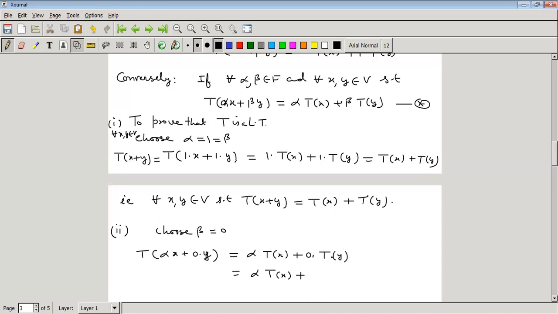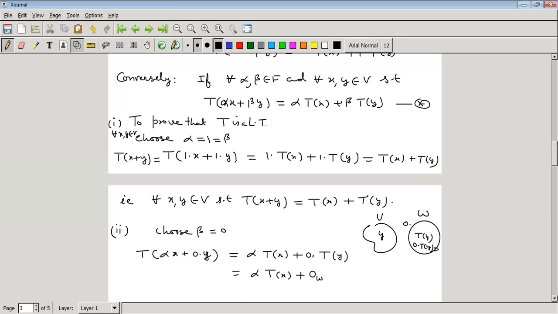Ty belongs to W and 0 is a scalar. So this belongs to the 0 vector of W, because we take y in V, T of y in W. And if we multiply this by any scalar, 0 into Ty, that is equal to 0.